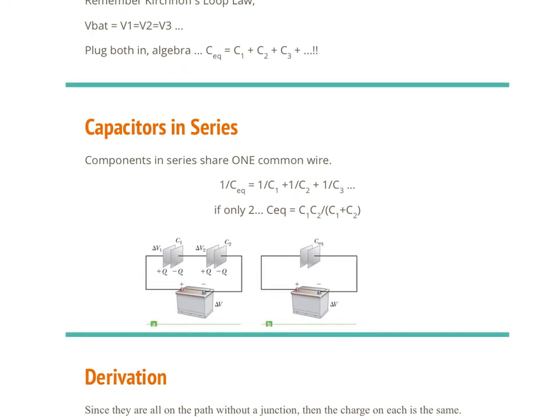We can also have capacitors set up in series. For series, there's only a single common wire for the entire series. But the key to that single wire is that there is no junction. With no junction, there's no offshoots.